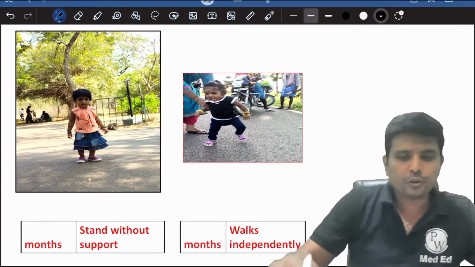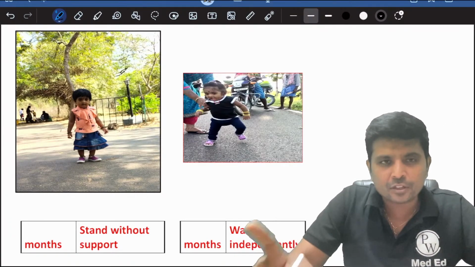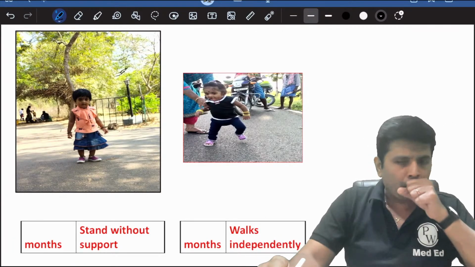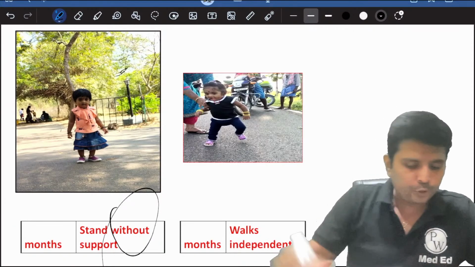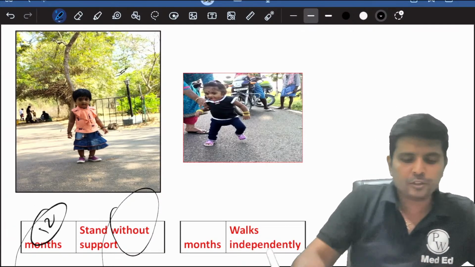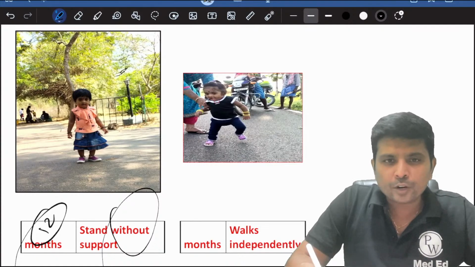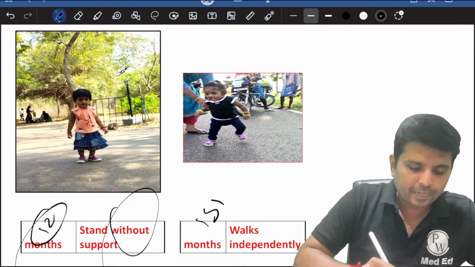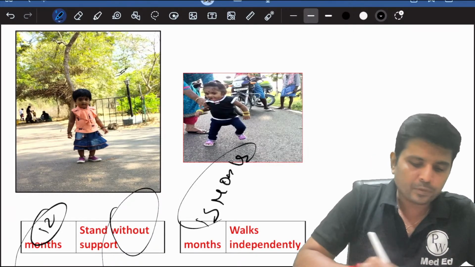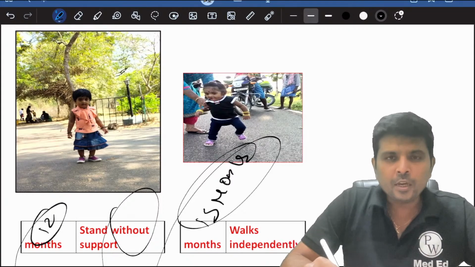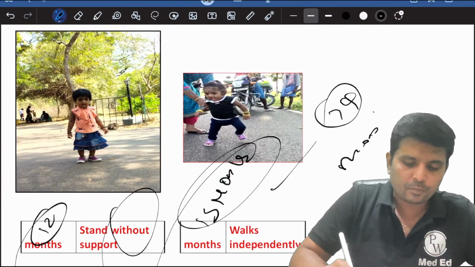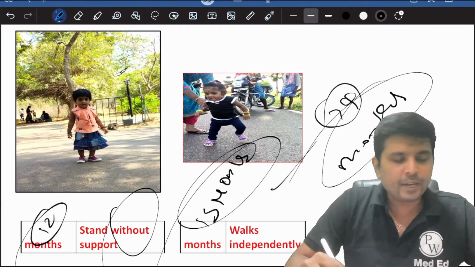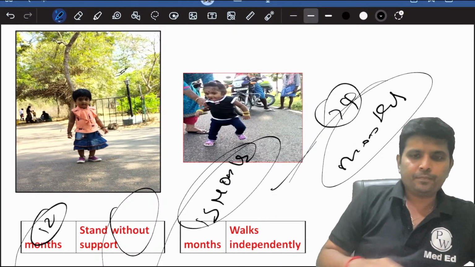Standing without support usually occurs by about 12 months. And walking with support usually occurs by 13 months, and without support by about 14 months.